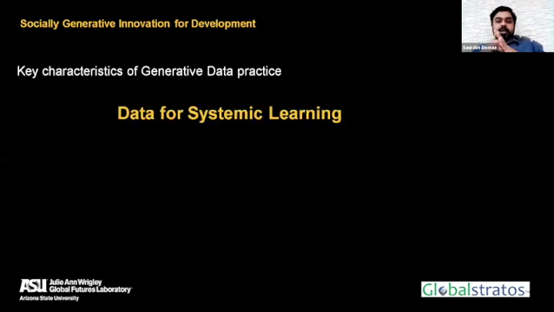So we started with the acknowledgement that for data to be useful and to create outcomes and knowledge that is sustained and does not have significant negative consequences, there should be systemic learning. So the data we collect, the data we analyze, and the methods we employ to collect and analyze that data should be systemic and lead to a learning process and create knowledge outcomes.